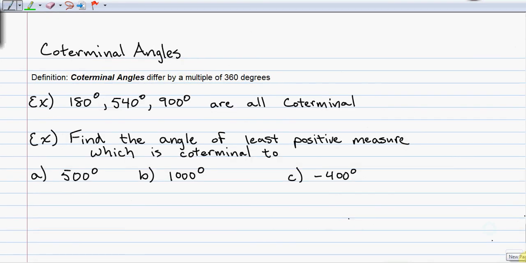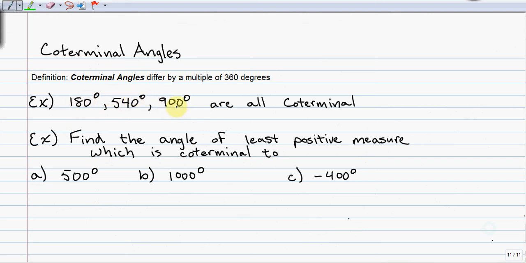Okay? So, to do that, we're going to use a concept called coterminal angles. So, coterminal angles are angles which differ by 360 degrees. Okay? So if you're familiar with, say, snowboarding or skateboarding tricks, you know that if you did a 180, a 540, or a 900, in each one of these, you'd be landing backwards of where you initially started. Because all these differ by 360.